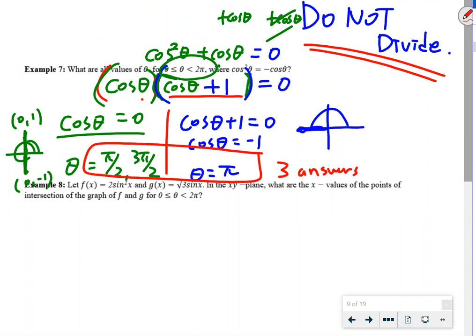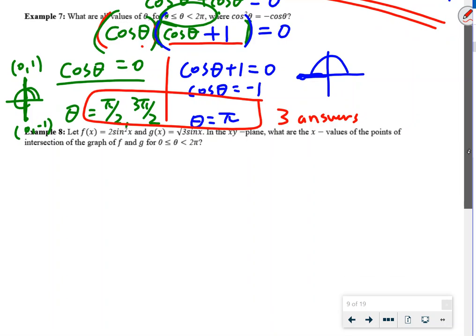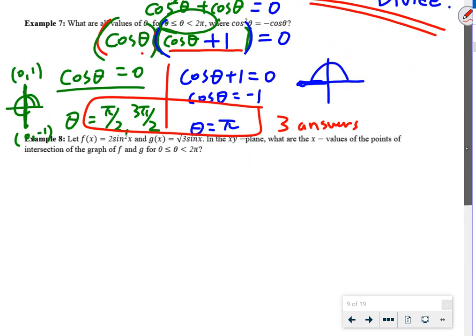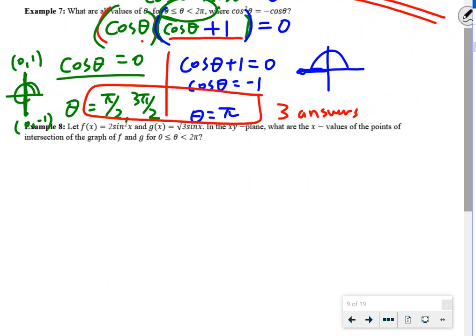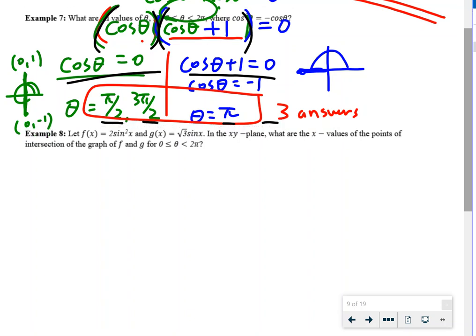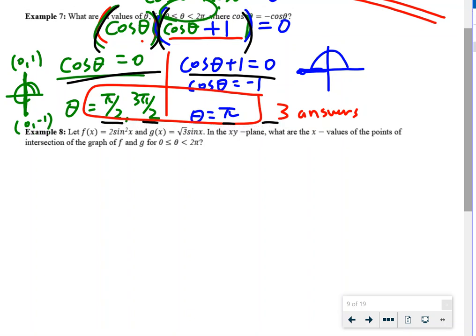I don't want you to even try. Do not try to divide. Follow what I am doing: you need to get 2 different cases from the parentheses, and then by setting them equal to 0, from the unit circle values you get multiple answers. In this case, I'm getting 3 answers.